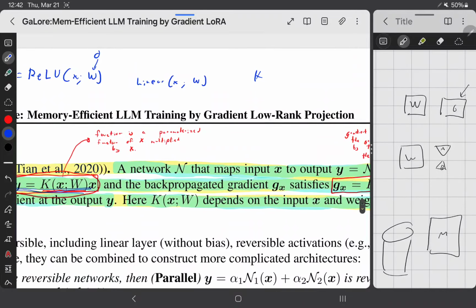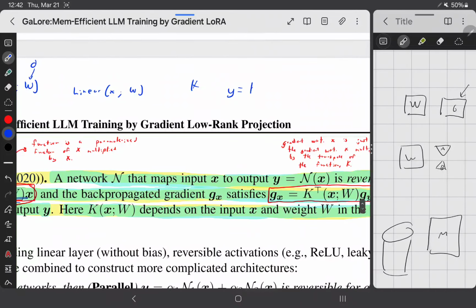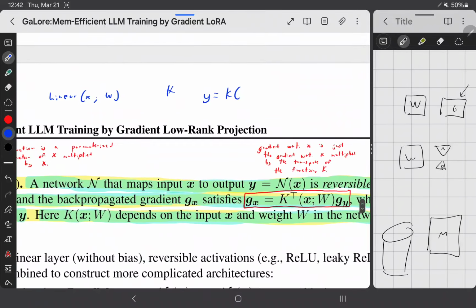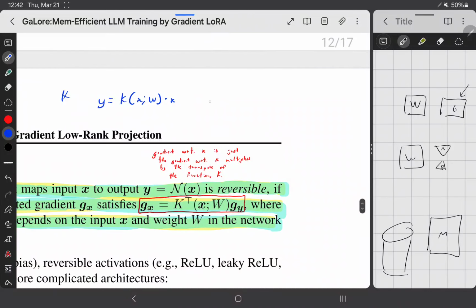The first property is that y is equal to K of x, w times x. The second equation is g of x is equal to K transpose of x given x and the weight matrix, times the output gradient.